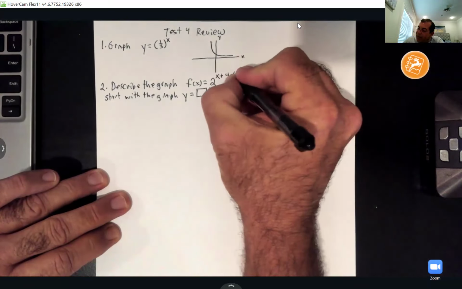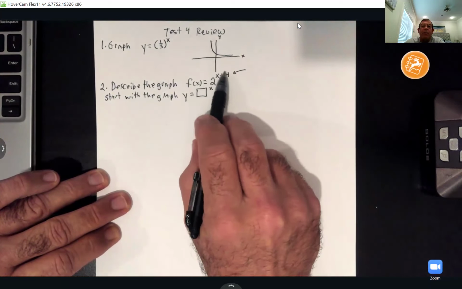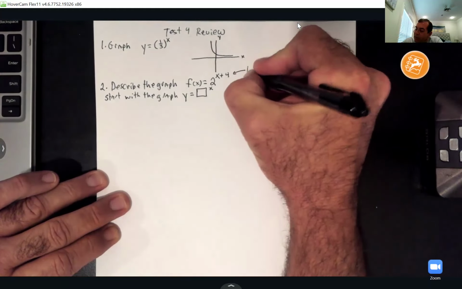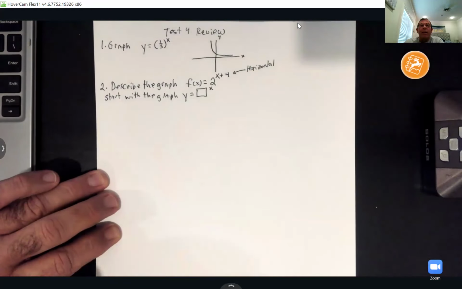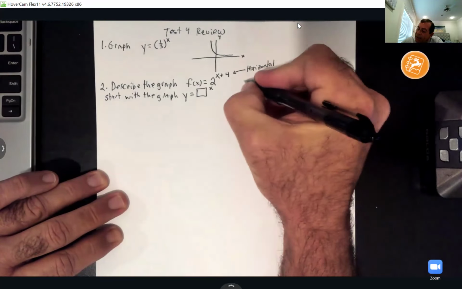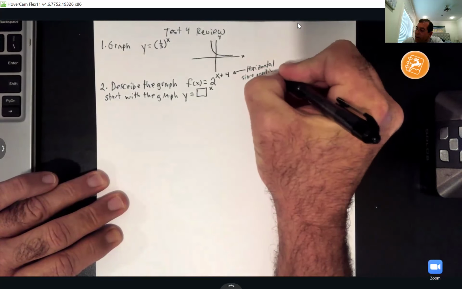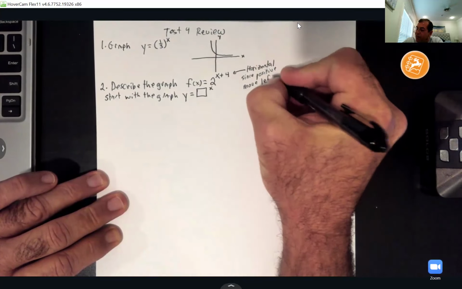So what we got to actually figure out is what's happening when you add 4 to the exponent. Well, y'all, this will be horizontal. It will be left or right. And since that 4 is positive, this thing will move left.